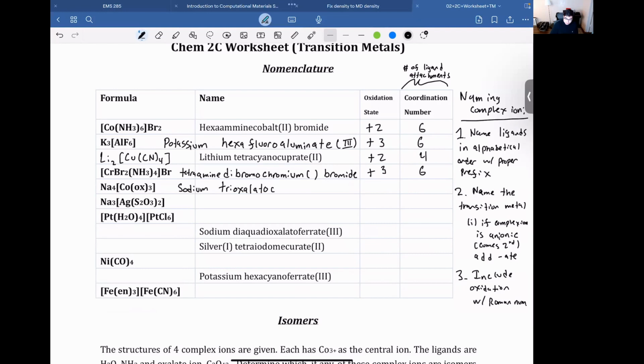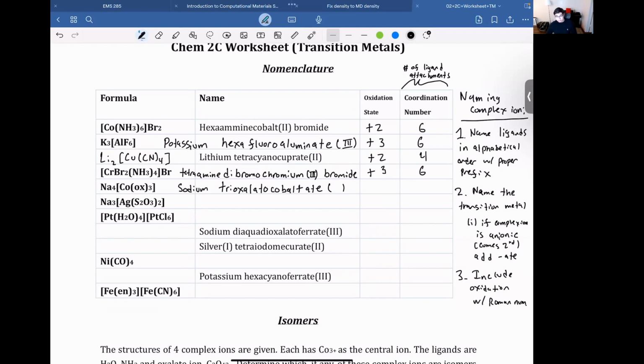Then we have the transition metal, cobalt. Now for cobalt, you add the -ate at the end because this is anionic. It's the second thing. And then we'll include the Roman numeral in a second. Oops, I forgot the Roman numeral up here. There we go.